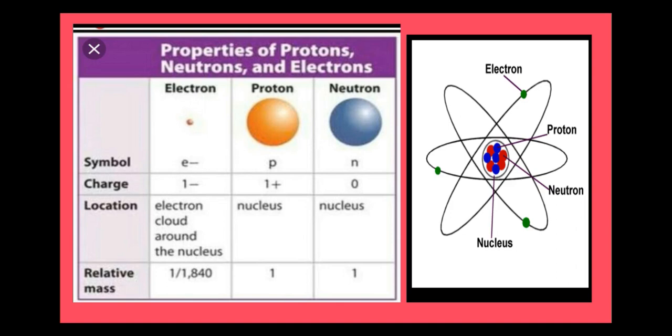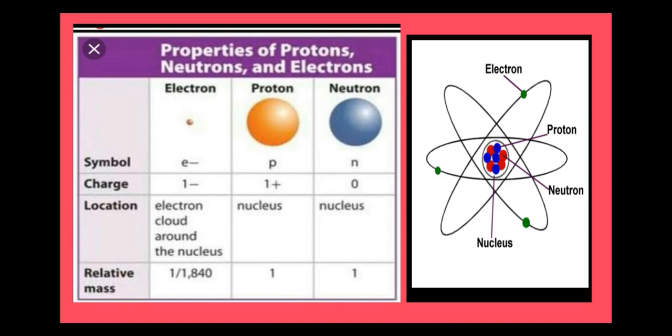Protons are the positive charges which are situated in the nucleus of an atom and account for almost all the mass of the atom. Neutrons are also situated in the nucleus of the atom and have nearly the same mass as the proton. So basically all the mass of an atom is concentrated in its nucleus.